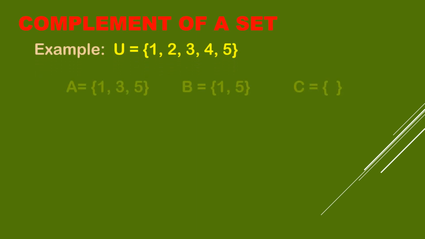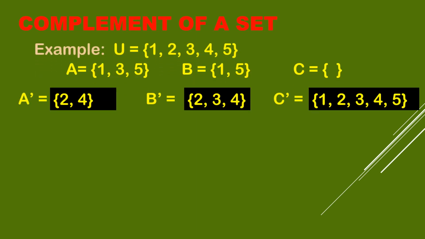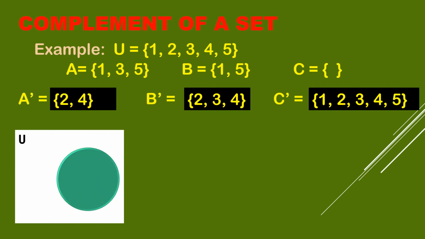Now, let's try to draw the Venn diagram of the complement of set in our previous example. Okay, so we have here, ito yung sagot natin kanina. So A prime, we have 2, 4. So pag draw natin yung Venn diagram, it would look like this. We have here our universal set and our subset. This is set A, yung subset natin.